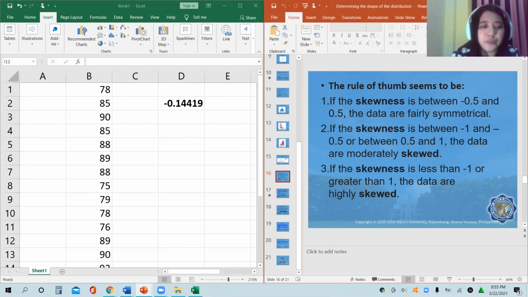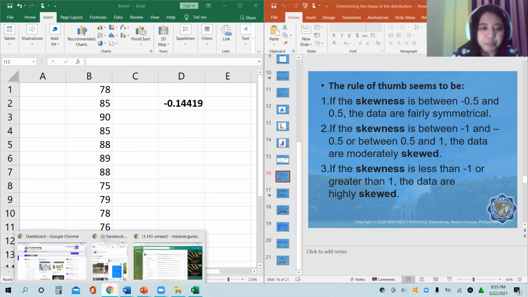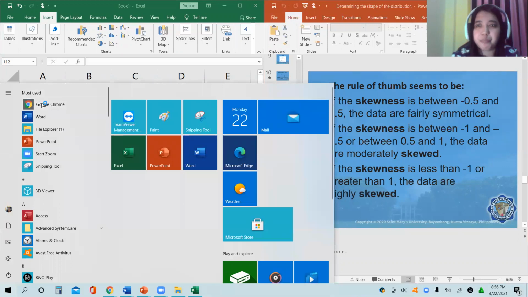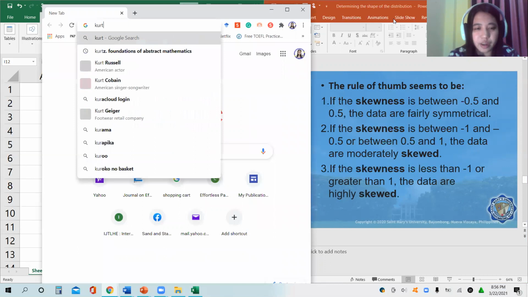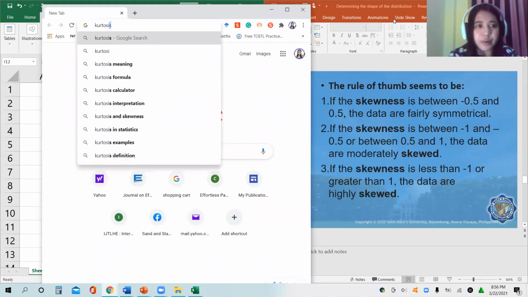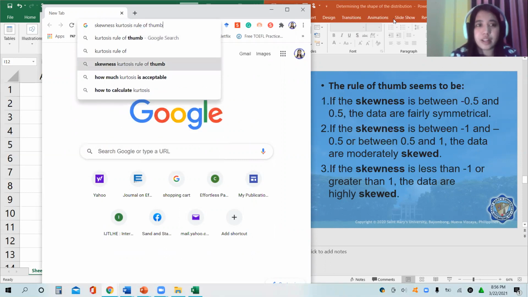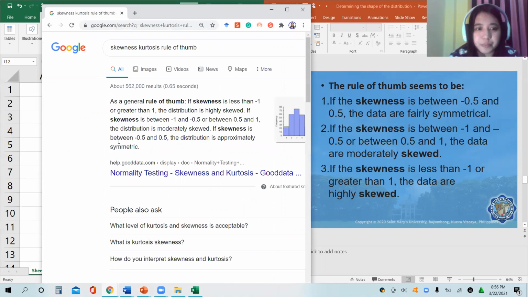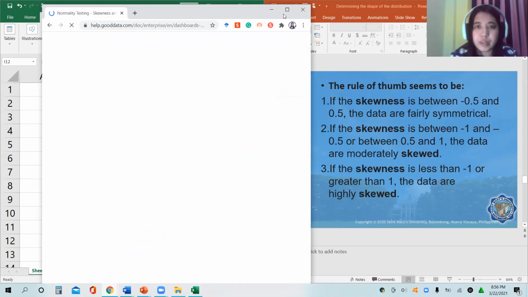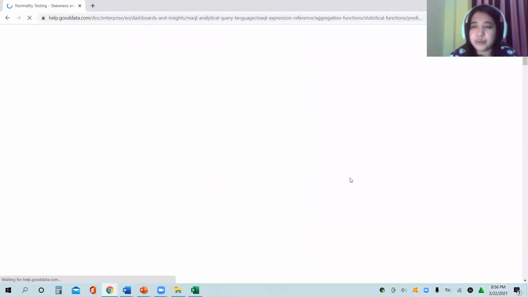How about if we also consider kurtosis? Let us check the rule of thumb for kurtosis. Okay, let us search the internet for that value.